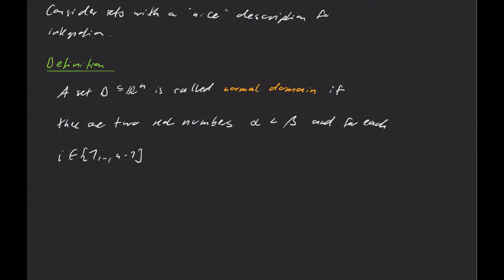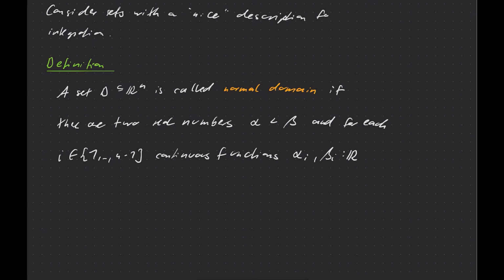For each of those indices, we want a continuous function. One for the lower bound, one for the upper bound. We'll call those alpha i and beta i.